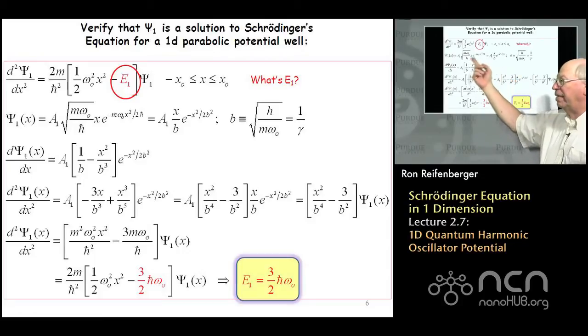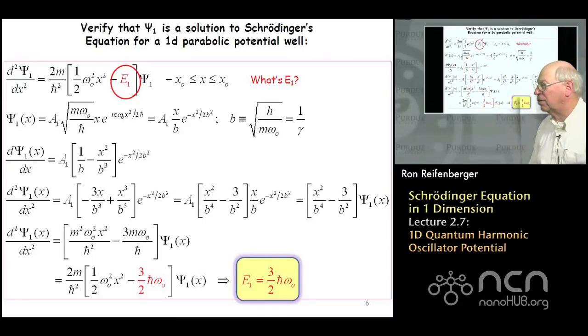So I write down the wave function that we're going to use, do some simple algebra to transform some variables, and then put this into the differential equation, take the second derivative, and work through the consequences.